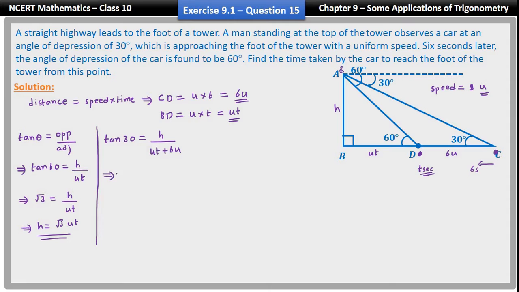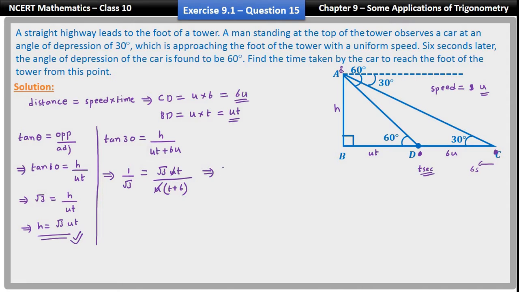So if I simplify this, tan 30 is nothing but 1 by root 3 is equal to h, which is root 3 ut. Why? Because we found the value of h from here, that is root 3 into ut. I substituted over here. h is root 3 into ut divided by, let me take u as common, that will be t plus 6. So u and u get cancelled.